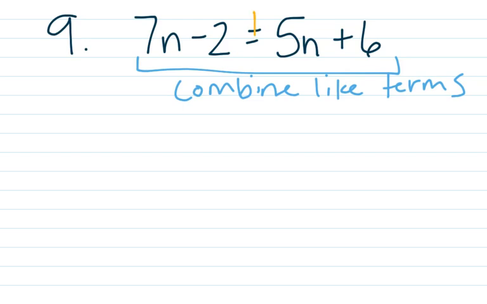You combine like terms by taking one of them. It doesn't really matter which one, but I usually pick the smaller of the two. So when I'm looking at 7n or 5n, I'm going to think of this as a positive 5n that I need to move over to the other side. Positive moving to the other side means I'm going to need to subtract 5n. If I subtract 5n there, I'm going to need to subtract 5n here.